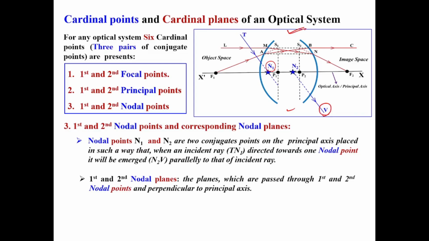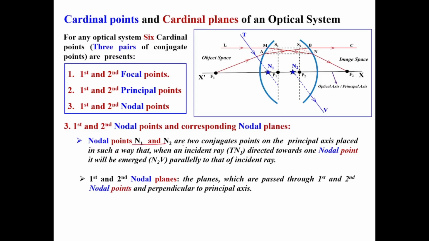So here TN1 is the incident ray. When it emerges from the optical system, it will be parallel to the incident ray. If the ray passes through the first nodal point, then when it emerges from the optical system parallelly, we can say that it emerges from the second nodal point. Same thing, it has been written with these two lines. Here you can see N1 and N2, the nodal points.